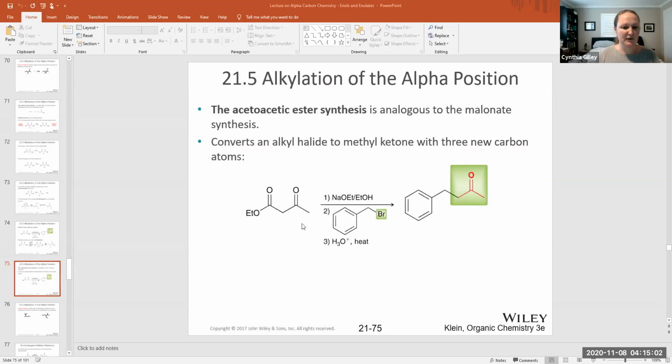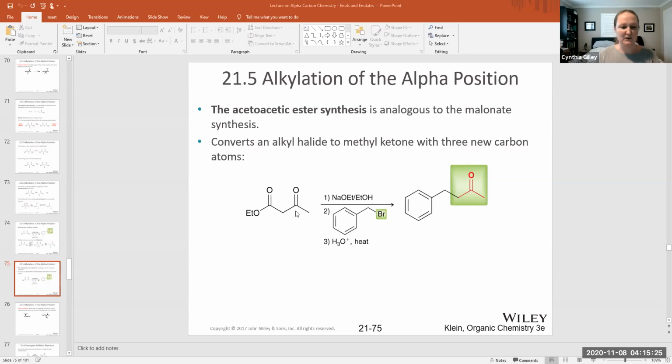So note that the difference here is just this methyl group that is present instead of a second ethyl ester, right? So instead of starting with a diester, we're starting with a beta ketoester, which you might note is the product of a Claisen condensation.